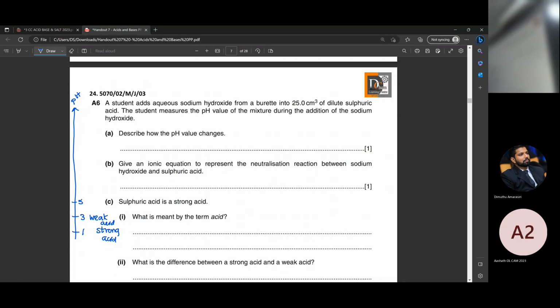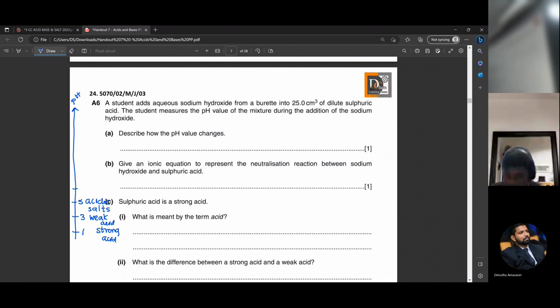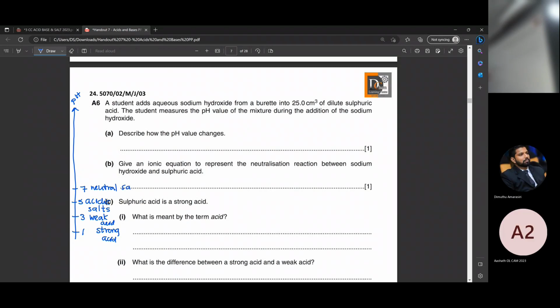These are acidic salts. Acidic salts are in this range. Add 2, 7. It's going to be what? Neutral salts or water, or even neutral solutions like alcohols.